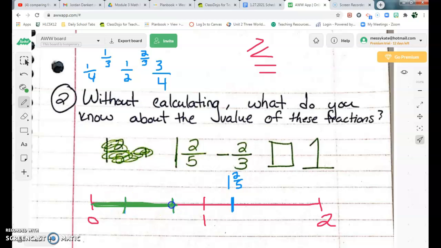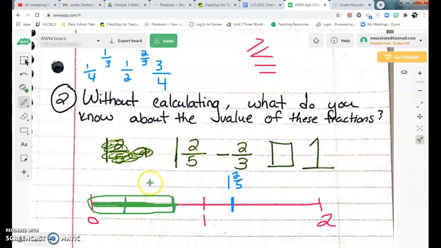Now I'm going to take this overall section, this 2/3, and subtract it from my 1 2/5. So if I were to cut out this green area and put it next to this 2/5 and take all of it away, I'm going to get below 1.